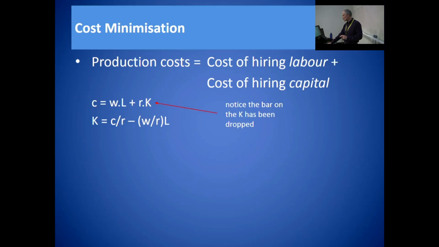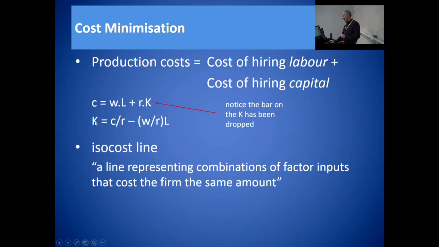But that relationship between K and L, that expression that I've derived there, just from that very simple idea here, is an ISO cost line. So we've seen ISO quants. 30 minutes ago we saw ISO profit. Now what we've got is an ISO cost line.